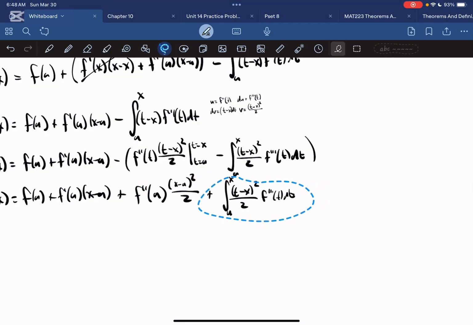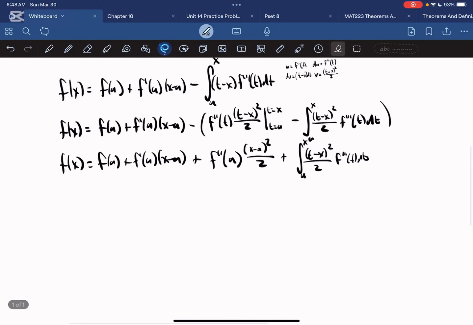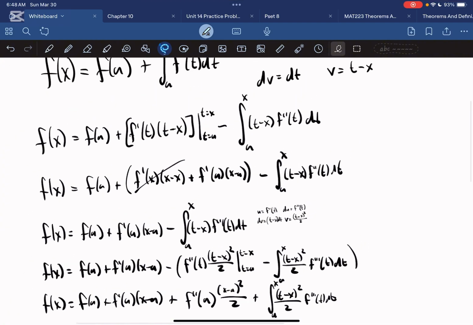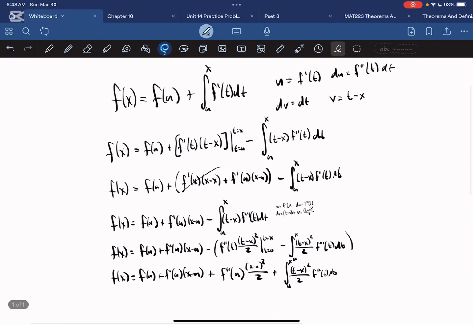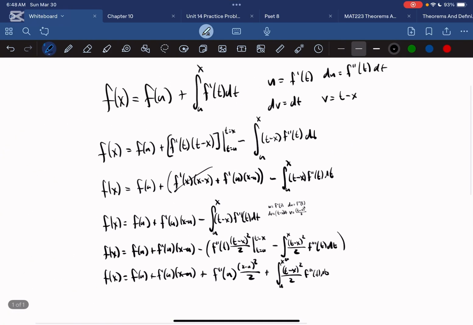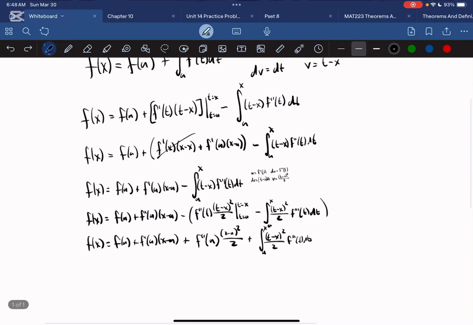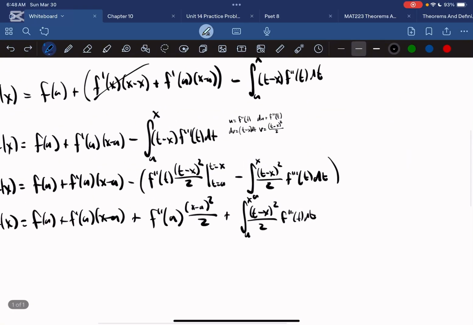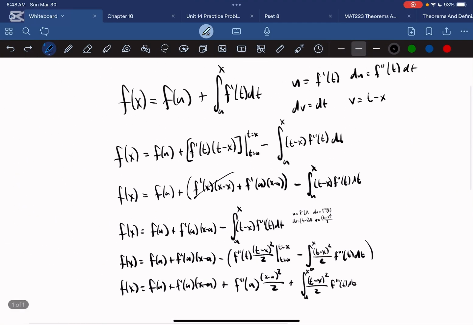And boom, take a look at what we got now. And then we end up integrating again. And notice that when we integrate it, we'll always get positive signs for this term. And if you do it more, right?